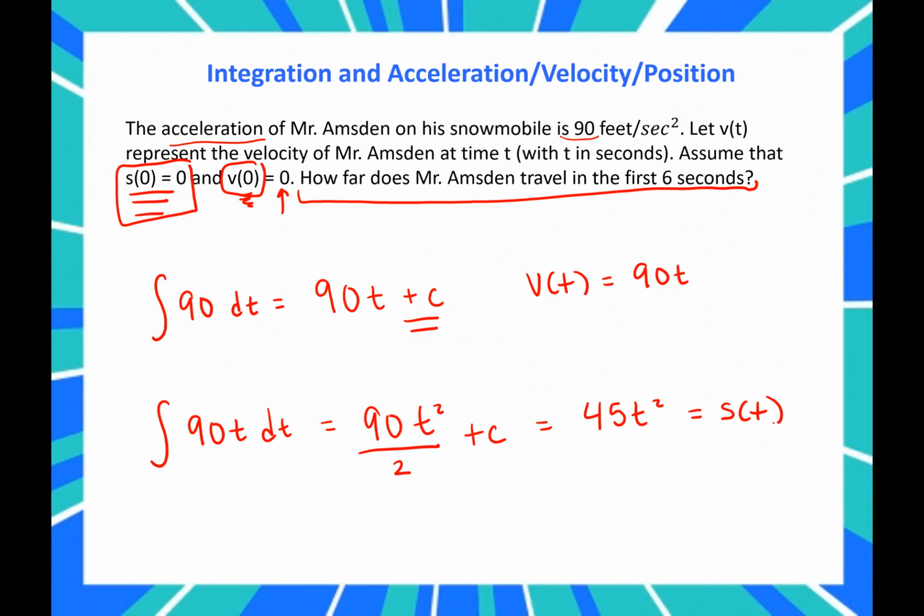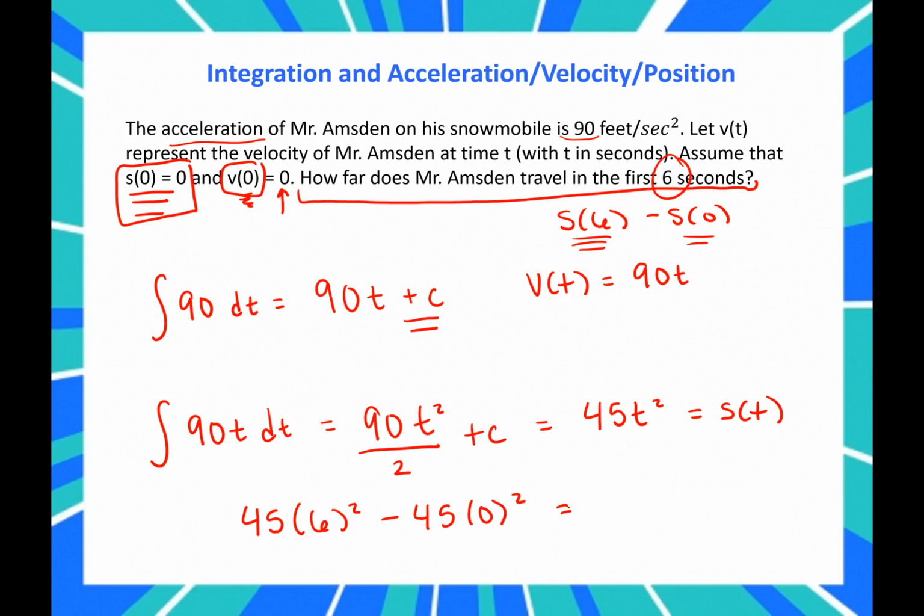So now to find my position, just like I said in the very beginning here, I'm going to do s of 6 minus s of 0, meaning what's my position at time 6 and what's my position at time 0. So I'm going to have 45, and then I'm talking about the first 6 seconds, so it's going to be 6 squared minus 45 at time 0.